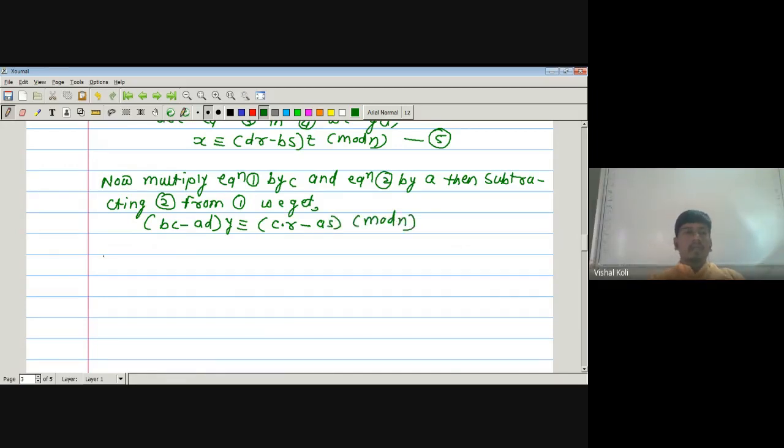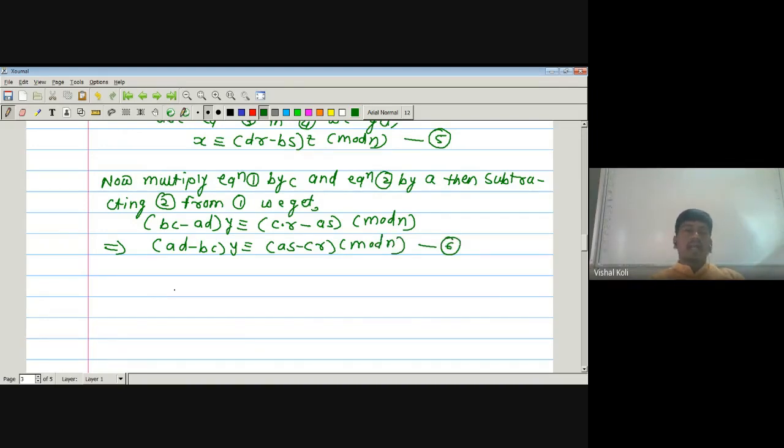That is, this can be written as (ad minus bc) y congruent to (as minus cr) modulo n, just multiplying both sides by minus 1. This will be equation 6.